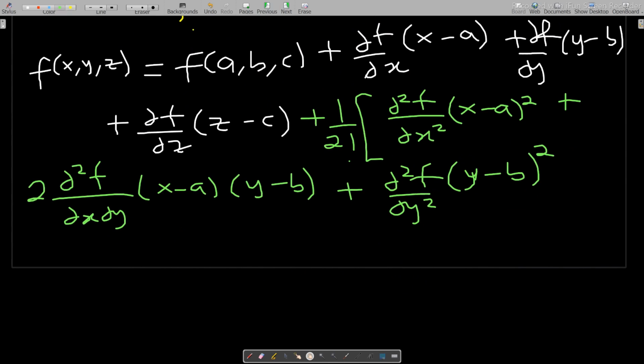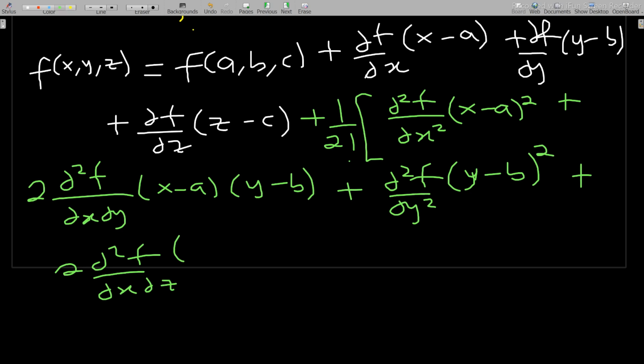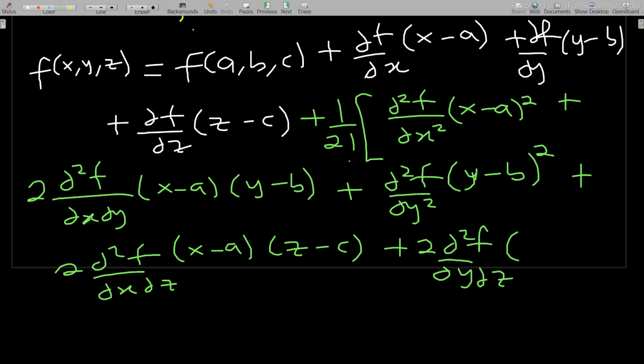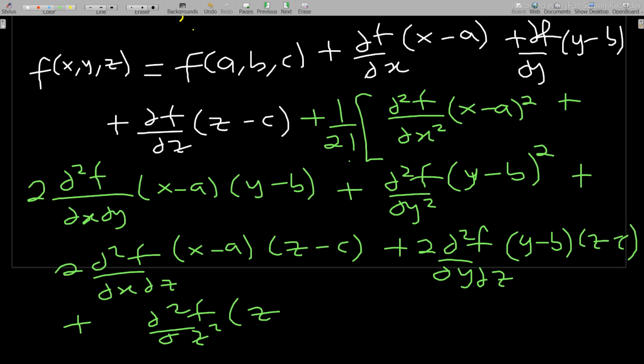Plus 2 ∂²f/∂x∂z (x minus a)(z minus c), plus 2 ∂²f/∂y∂z (y minus b)(z minus c), plus ∂²f/∂z² (z minus c), all squared.